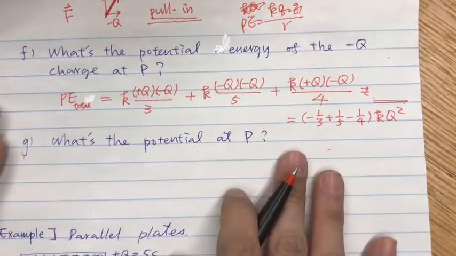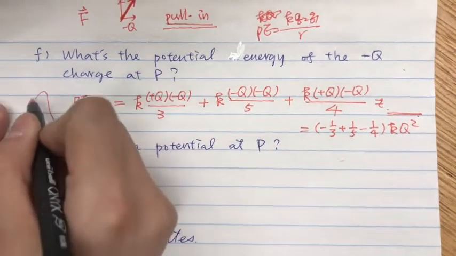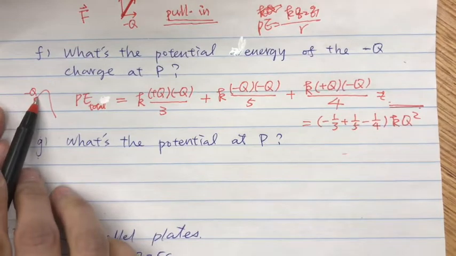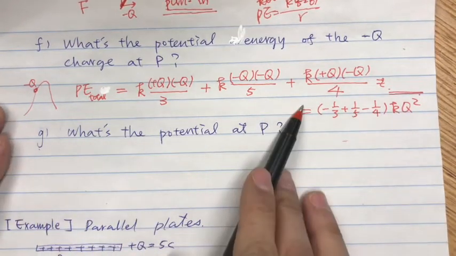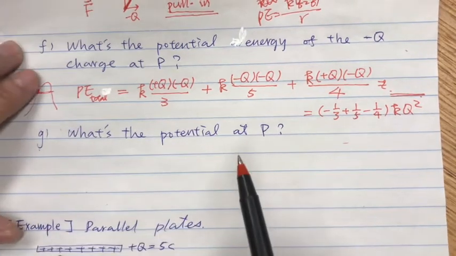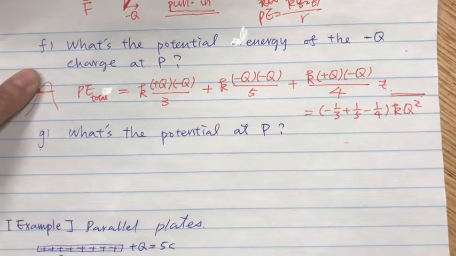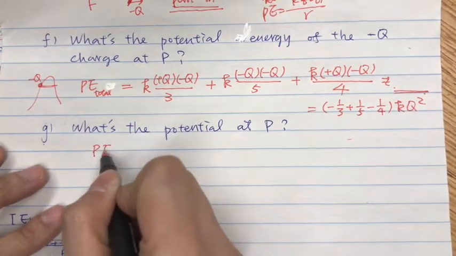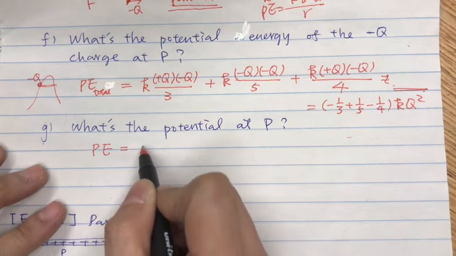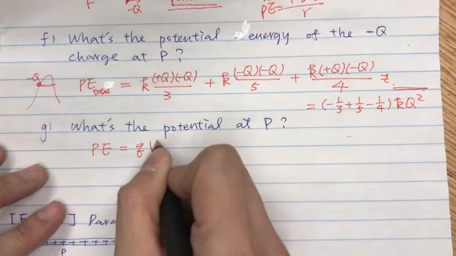What's the potential at P? Potential at P is asking, now we know if I put a particle here, minus Q, this guy will feel a potential energy. But what's the potential, what's the elevation at that level if there's no charge? So we can think about this. Potential energy happens when a charge is put at that potential.